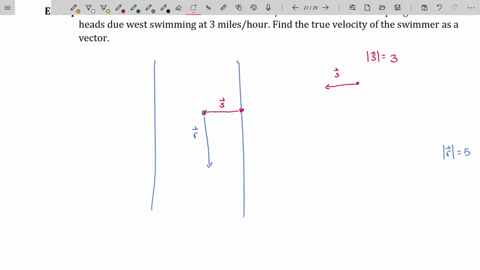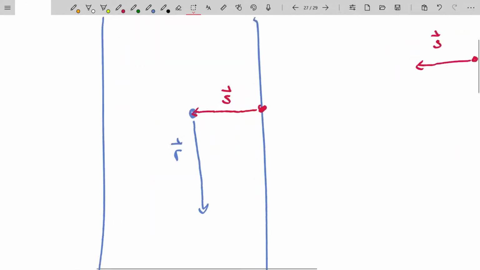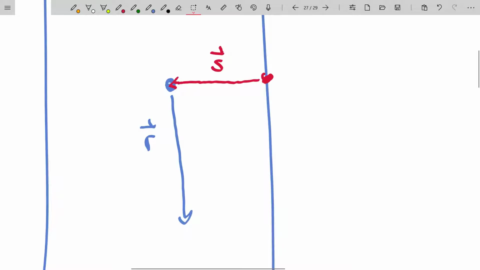So that is how you could use vectors to showcase where things end up if there's wind acting on an object or something like that. So in this case, you have a swimmer trying to go this way, but the river is pushing them that way. So what is their actual direction and what's their actual speed? Well, that's actually not too terrible to figure out here because these two vectors are perpendicular to one another.